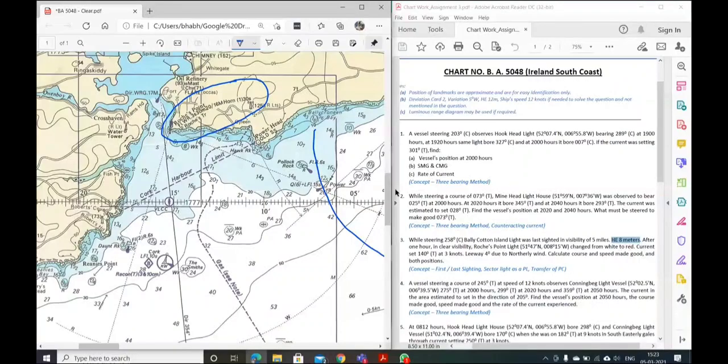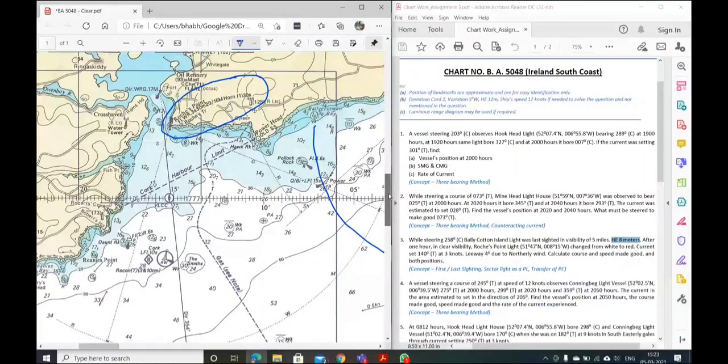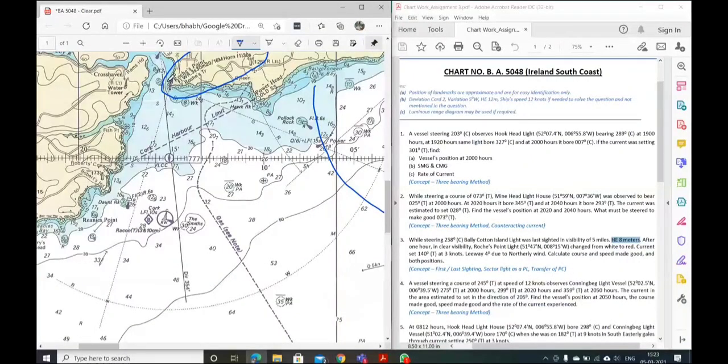Now, if you look carefully, this light, Roche's point light, is a sector light. So if you look at these dotted lines, let me highlight them. This is one dotted line which you see. There is another dotted line on the chart. This is the second dotted line. And these dotted lines basically mark the sectors of the light. If you see in between these two lines which I have drawn, the sector is mentioned here. It is the white sector.